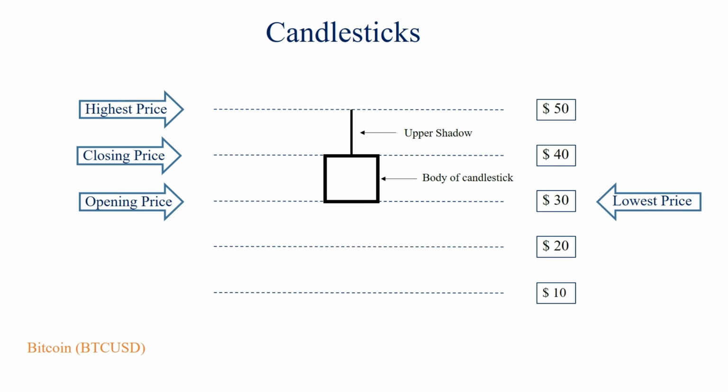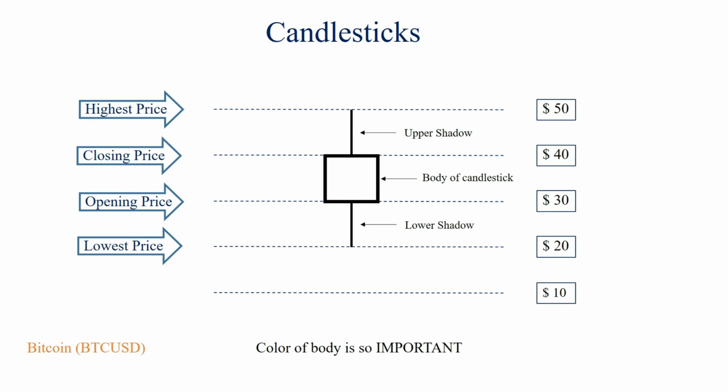And in another case, the lowest price and the opening price are the same, and in this case there is no lower shadow and there is just an upper shadow. This means that in this case buyers were stronger in some specific times than sellers, and they wanted to increase the price from one level to another level, but they weren't successful.